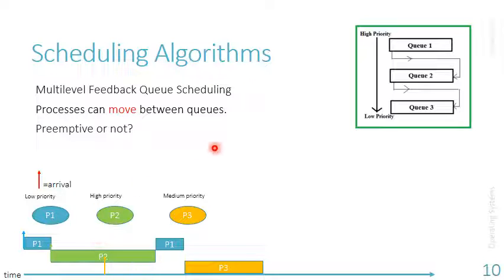Usually, if we're using priorities, it's because we want it to be preemptive. However, of course, a non-preemptive version might exist as well for some reason. Right, so this is dynamic priority.